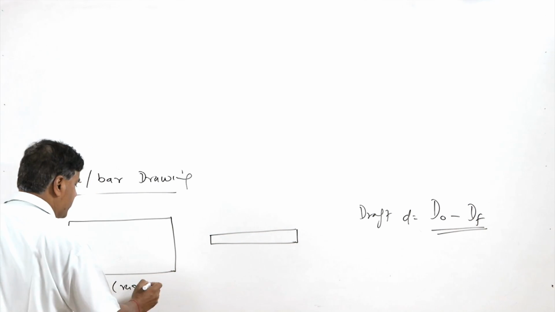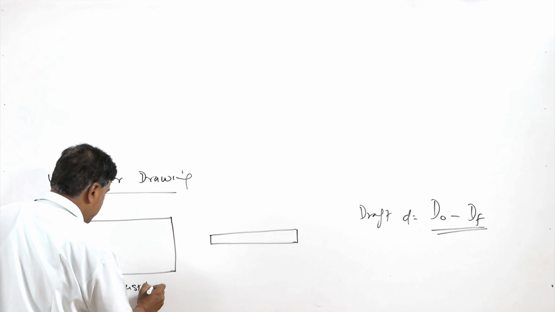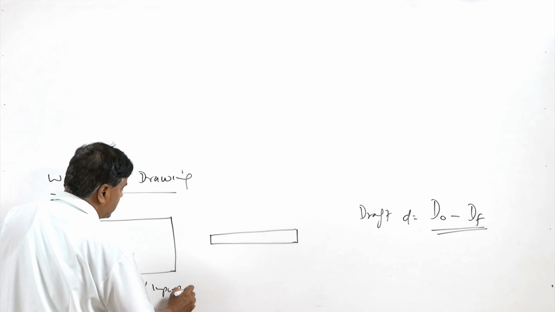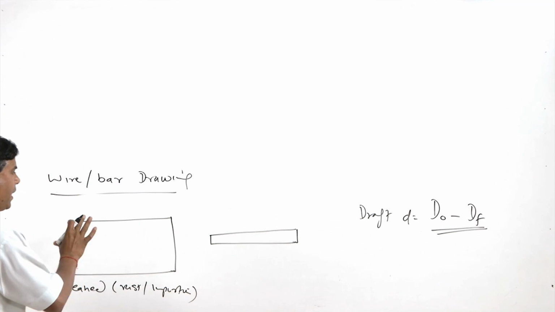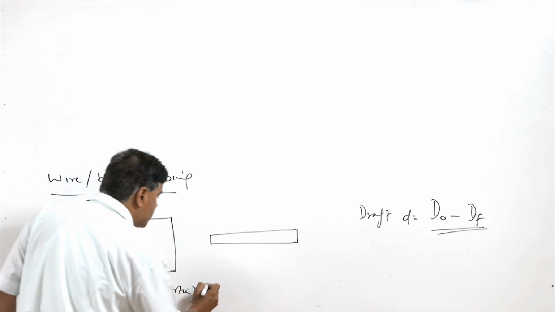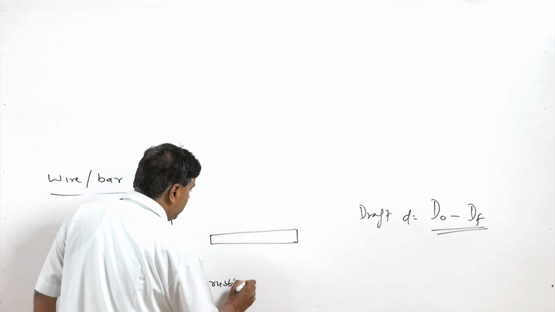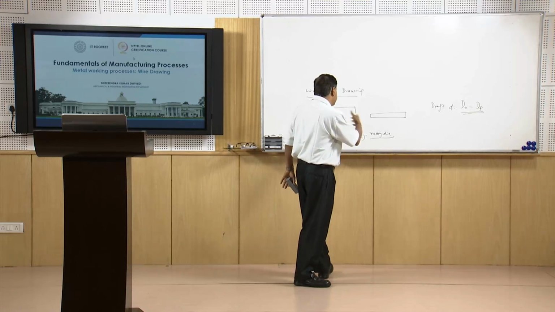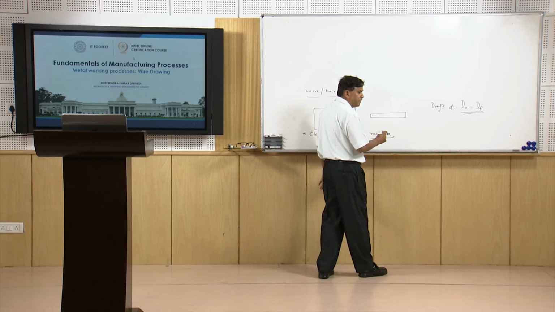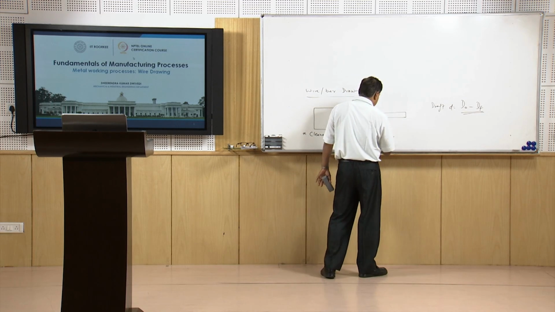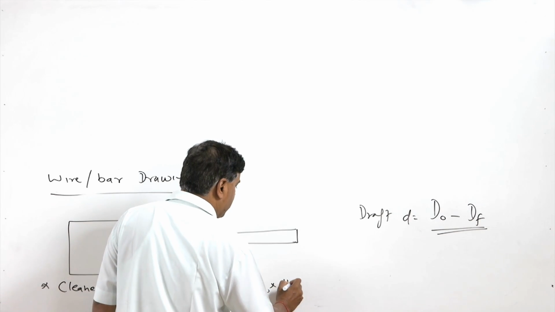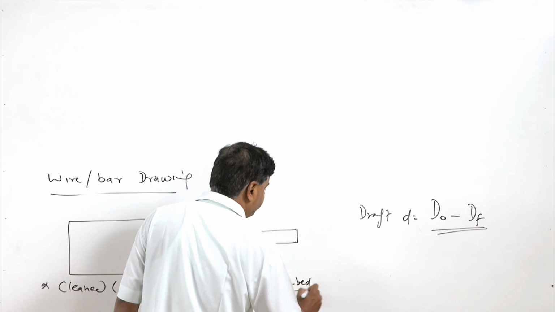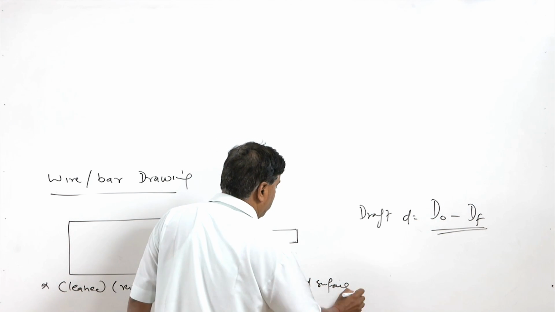Another important thing is that the wire is properly cleaned, because if the wire has rust or other impurities present on the surface of the wire which is to be drawn, then these will be rubbing with the die surface. So these will cause roughening of the die or wear of the die, and another thing, these will get embedded in the surface of the drawn wire, which will lead to increased surface roughness of the drawn wire.